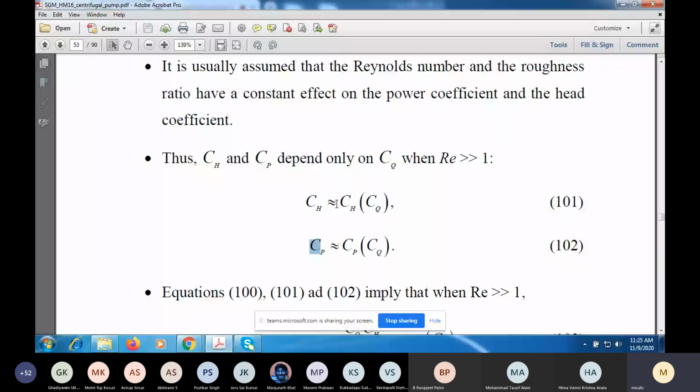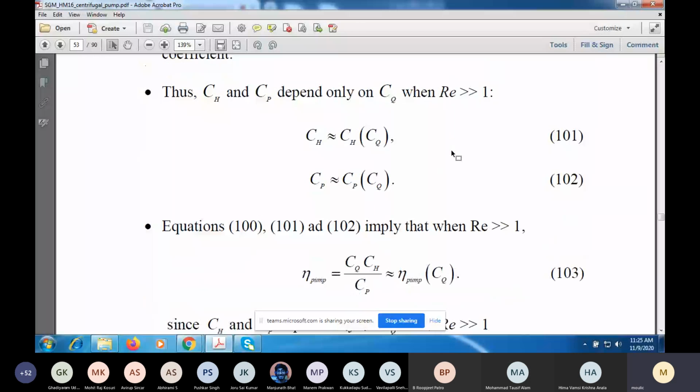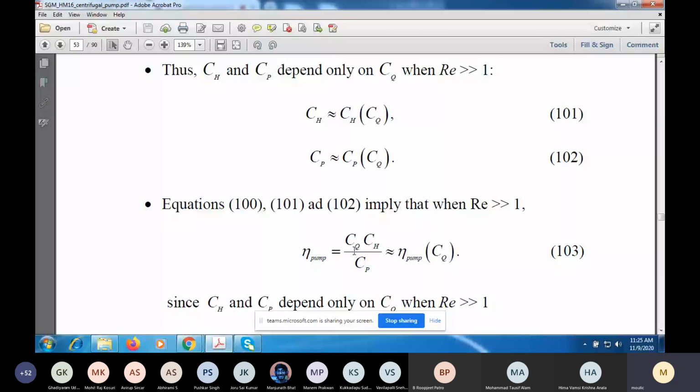So this, of course, is an approximation for large RE, but this is what we have in practice. And since eta depends on CQ and CH, and CP and CH depend on CQ, you can say that the efficiency also depends on CQ and CQ only.